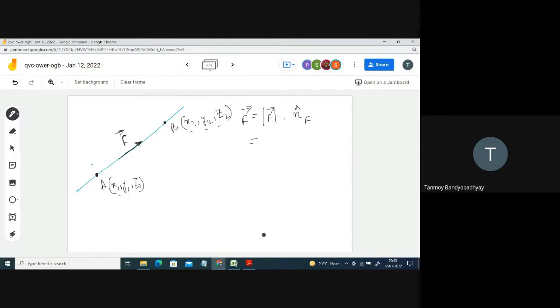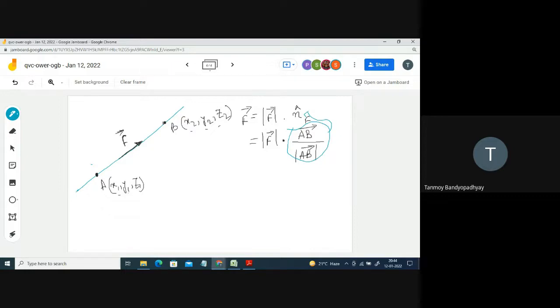So in this case, if you want to find a unit vector in the direction of the force, since AB actually is a position vector along the direction of the force, so if I could define r_AB, a position vector AB, বা আমি যেভাবে বইতে লেখা আছে, the thing it's written in the book. So if I could determine AB vector divided by magnitude of the AB vector, this is actually the unit vector in the direction of the force. So if I could determine this one, I can arrive at nF cap.